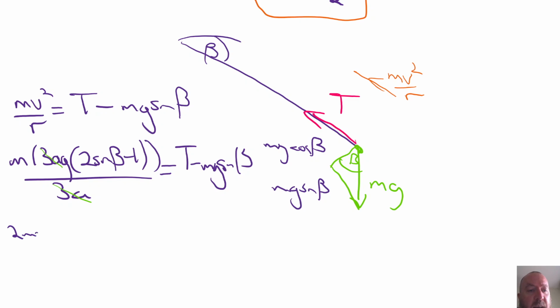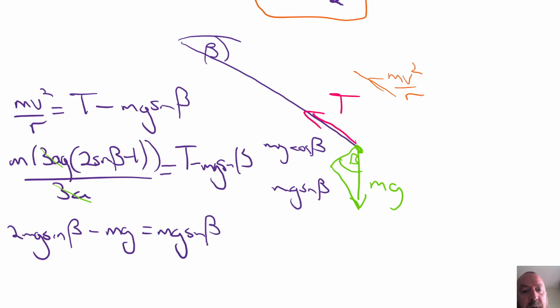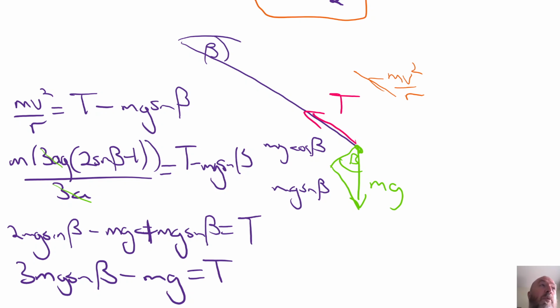So that would be 2mg sine beta minus mg equals T minus mg sine beta, so plus mg sine beta equals T. So that is 3mg sine beta minus mg equals T. And what you can do there, if you wanted to, is differentiate that with respect to beta, find a turning point, and you'll get a maximum and a minimum in that way.